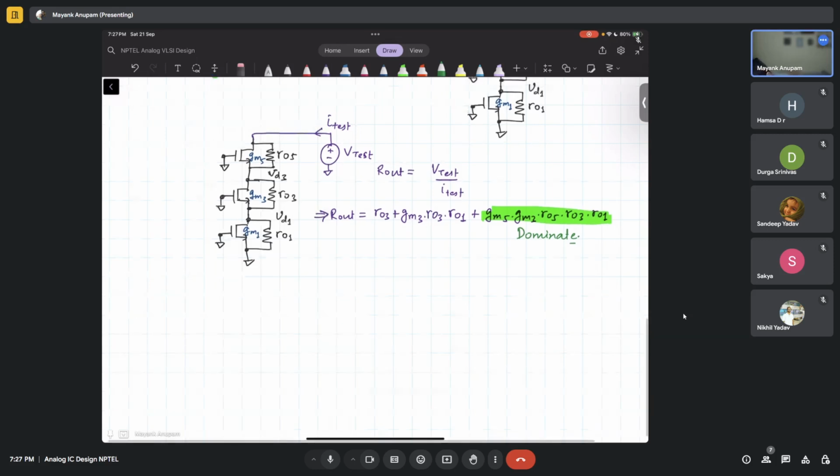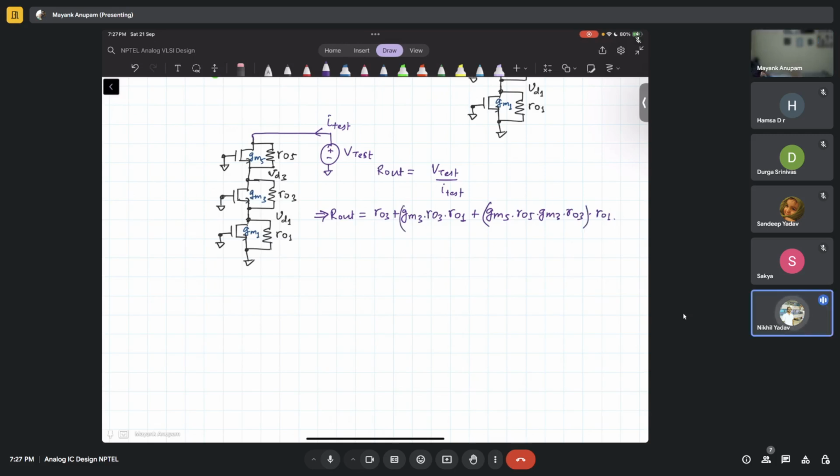So here you can see that the correct way to write it is RO5 into GM3 times RO3 into RO1.